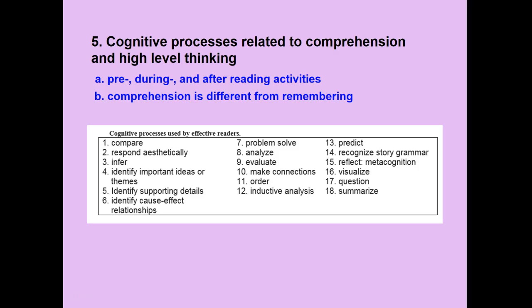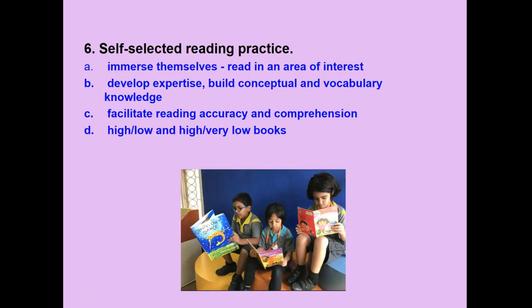And in intervention, there should be activities to develop cognitive processes related to comprehension and high-level thinking. Intervention should not simply be low-level skills instruction or phonics instruction. And of course, self-selected reading practice. And this can be short. Remember, your interventions are 20 to 50 minutes. So self-selected reading practice could mean 5 minutes of reading at the end of the intervention.